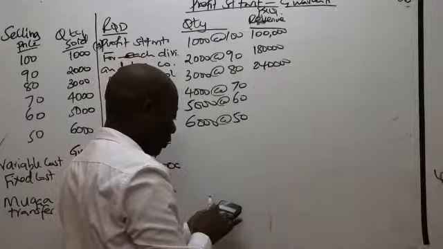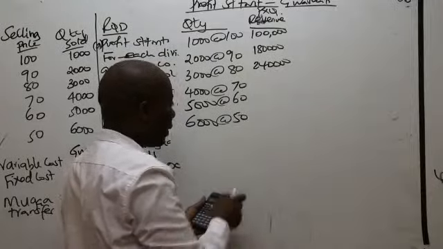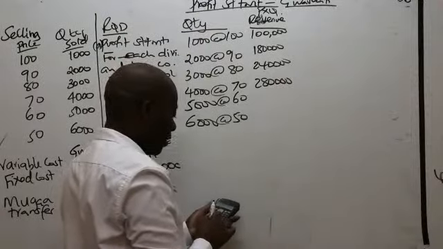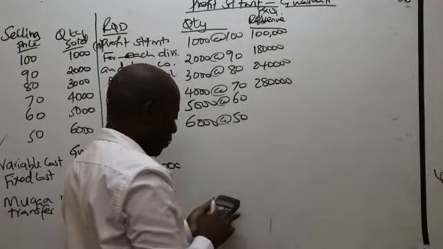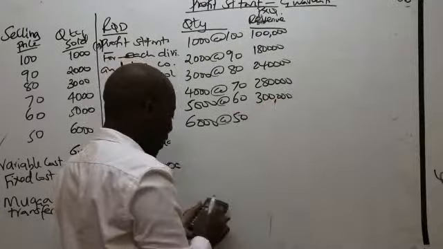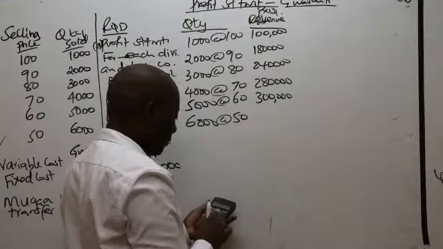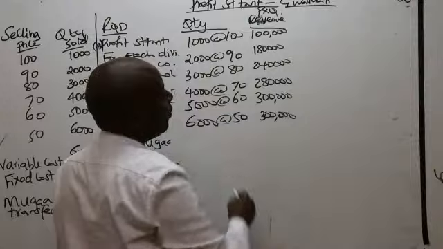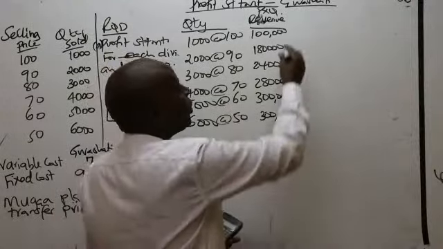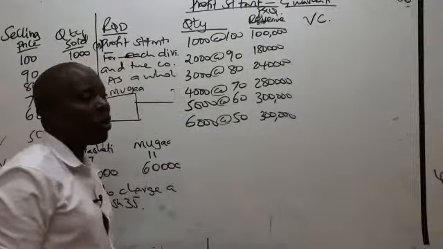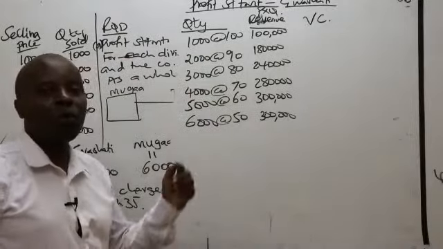Then 4,000 times 70 gives us 280,000. Then 5,000 times 60 gives us 300,000. And then 6,000 times 50 gives us 300,000. Now, ladies and gentlemen, I would want somebody to come and give me the variable cost of Washati.